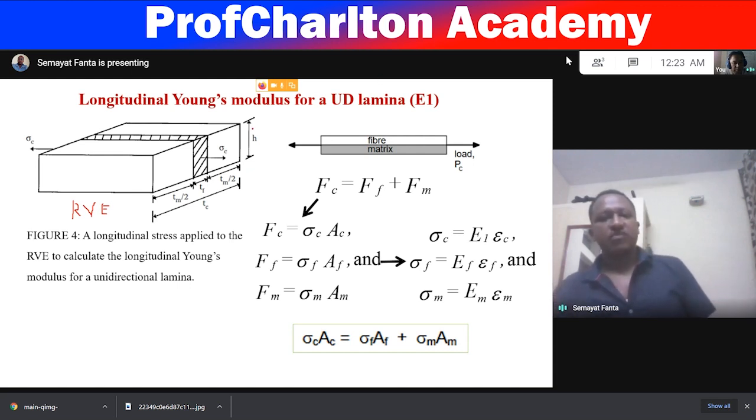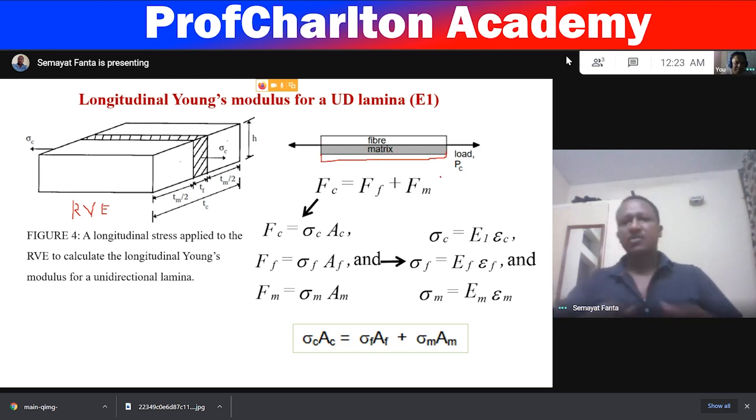There is matrix here, and this is the fiber, the middle section is fiber. Actually we can also add matrix here, no problem. The fiber and the matrix are together subjected to axial load.